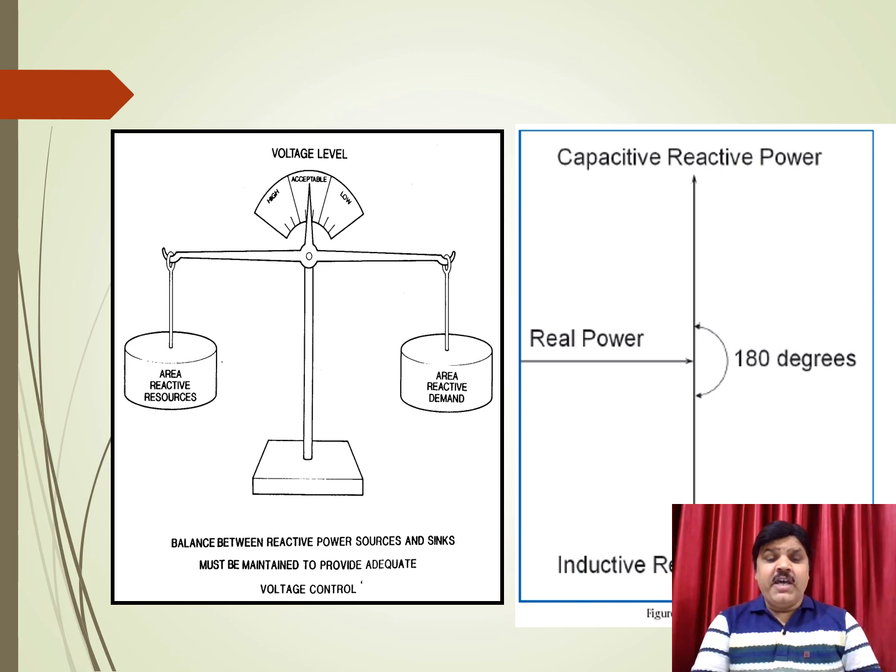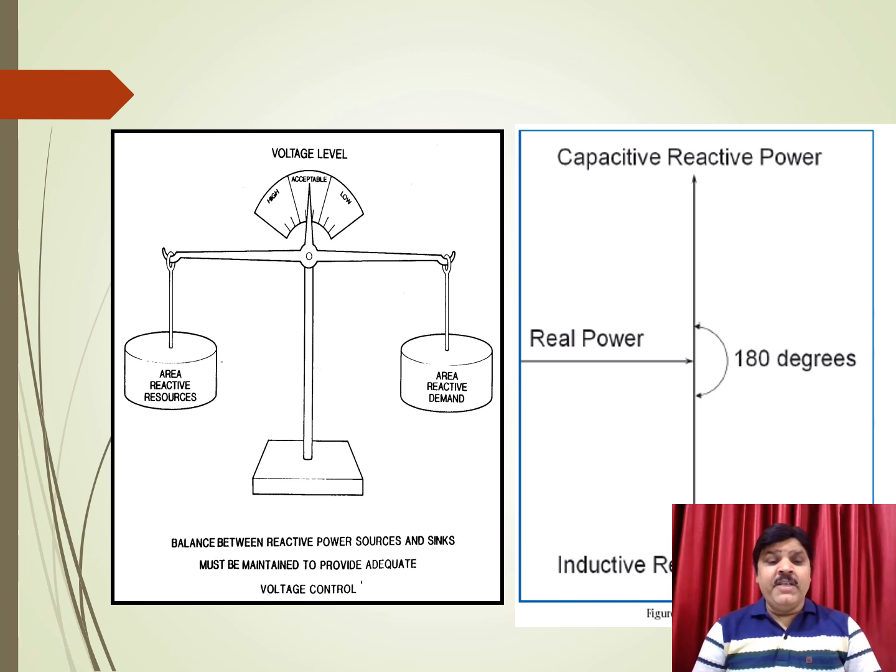Now we can see here that the voltage level will be balanced when the total active power resources and the reactive power resources match. It means that reactive power should be generated in the same quantum that is required in the system.